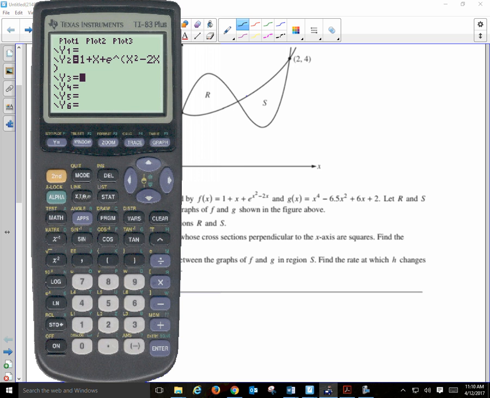And then I'm going to put x to the fourth minus 6.5x squared plus 6x plus 2. And I'm going to zoom standard. And so I'm going to watch.